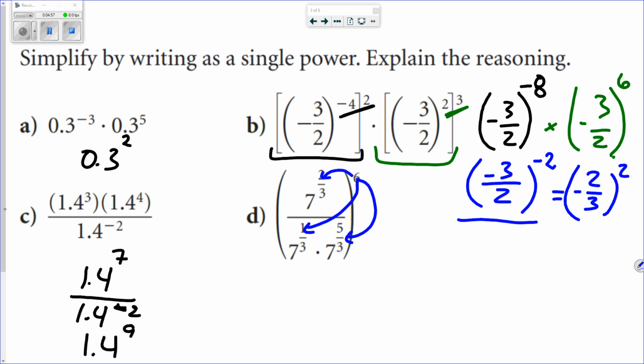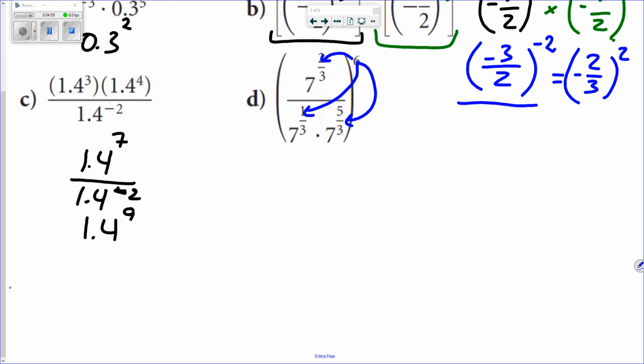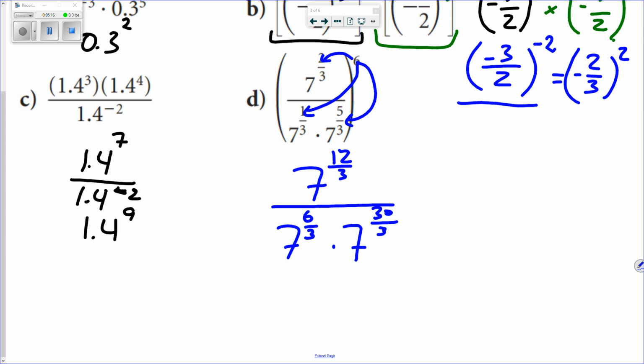So we're going to get 7 to the 12 over 3, multiplied by 7 to the 6 over 3, multiplied by 7 to the 30th over 3.